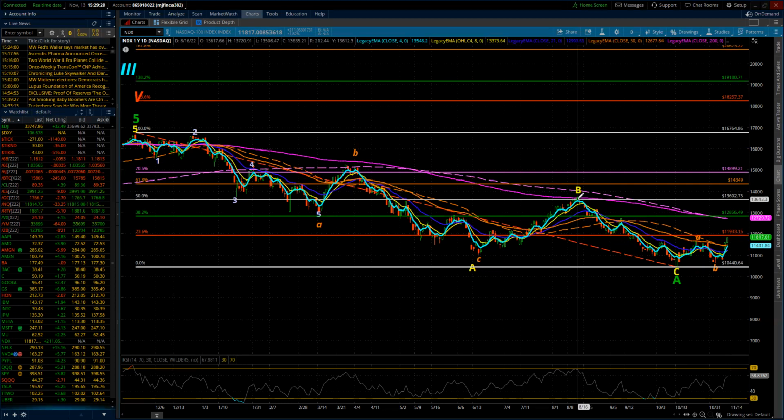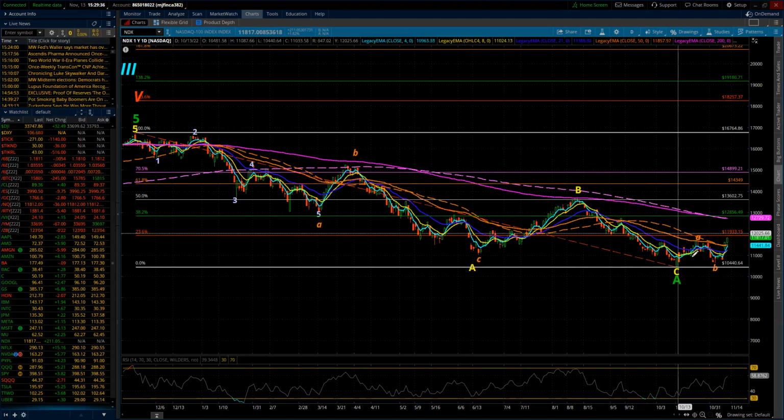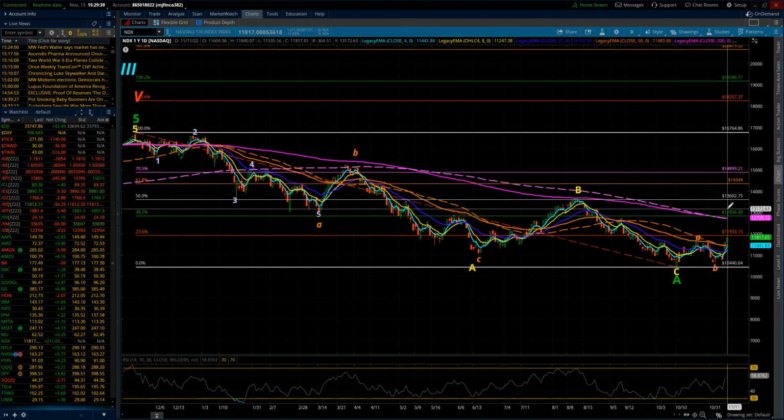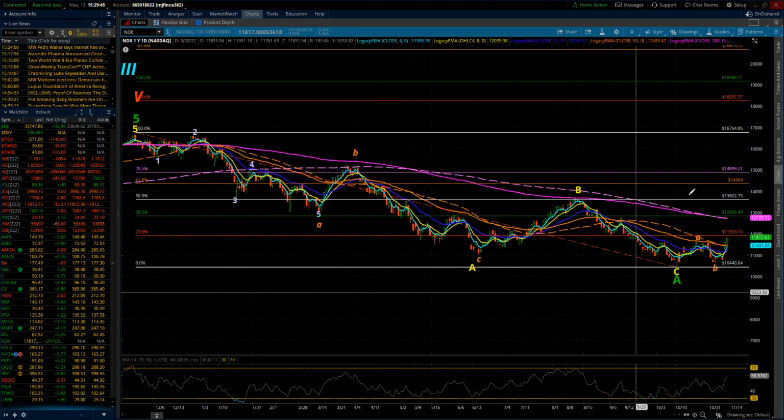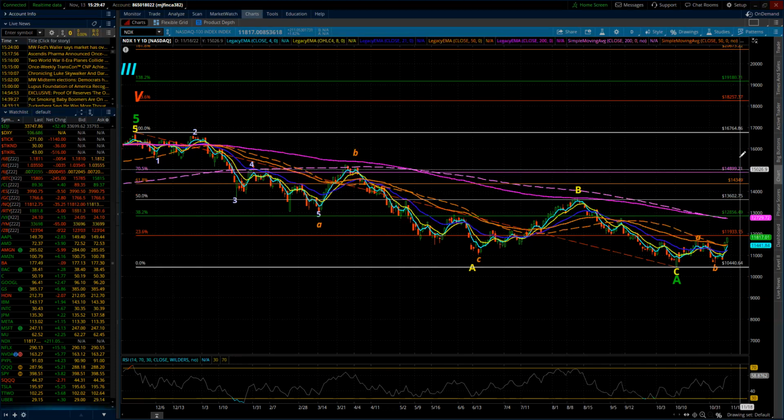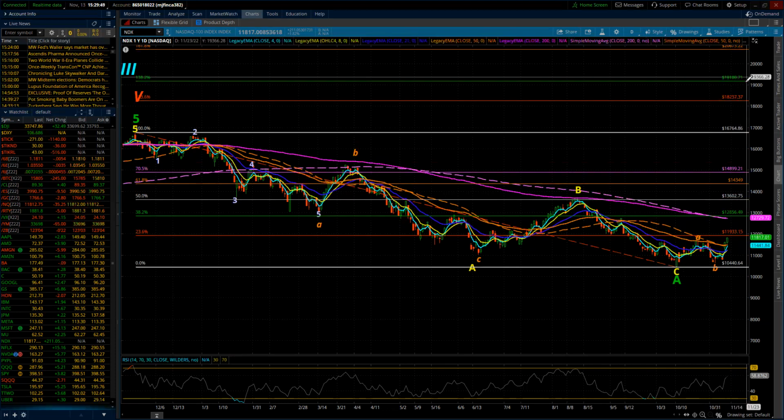I believe it was 13,741 in the futures market. That's what it's got to break above. That invalidates the intermediate wave 2 count. That would really turn this thing more into what this is. And if that's the case, we're going here, here, here, possibly to here.